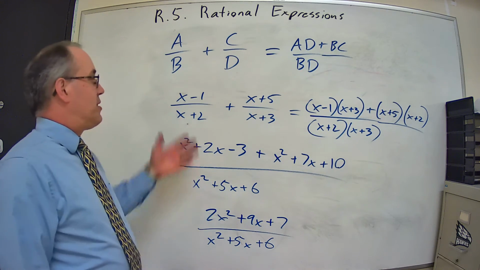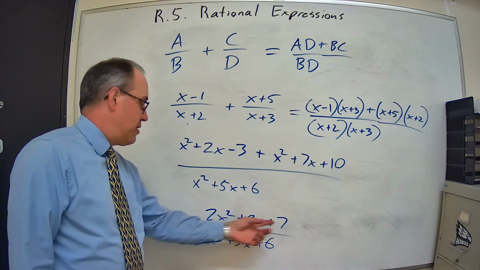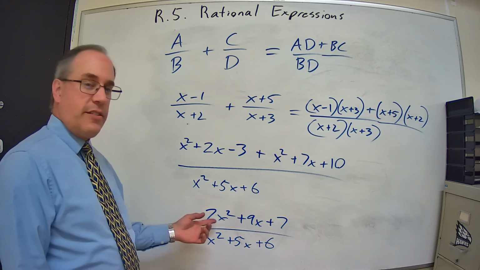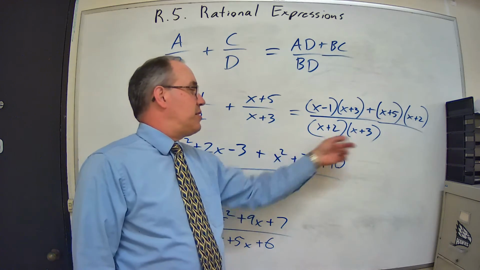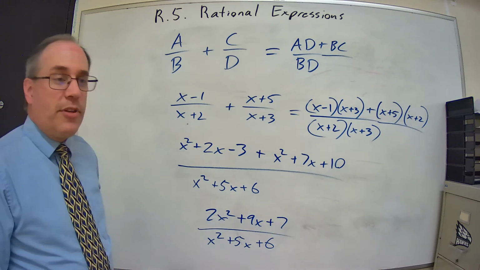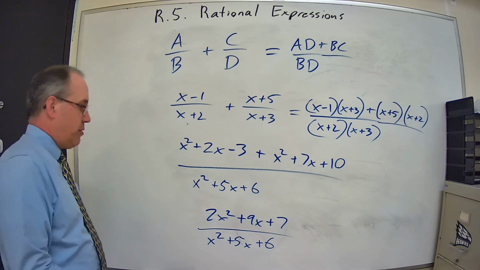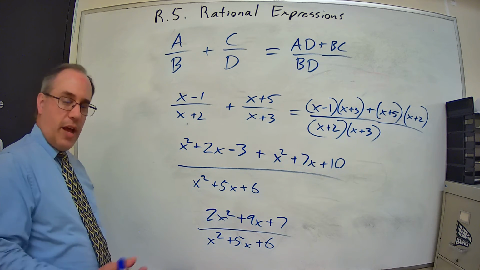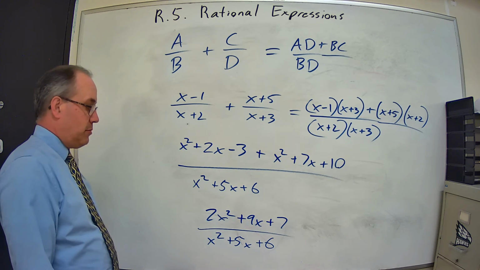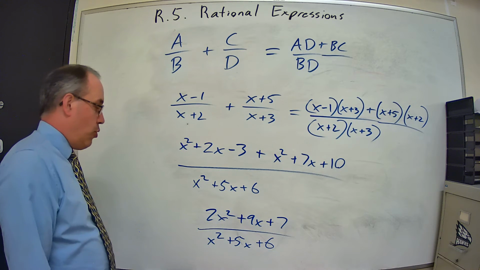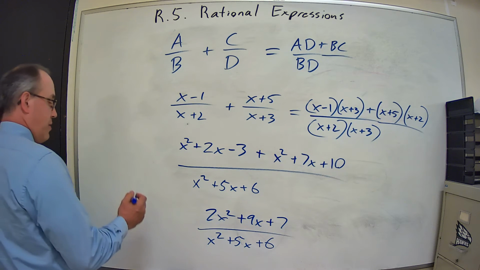Now realize at this point, there actually is the possibility that you might be able to simplify this, or actually I should say factor this, and come up with one of these. It can happen, so just be aware of that. In this case, two numbers that multiply to 14 and add to 9, that would be 2 and 7, right? Let's just verify that it doesn't do that to us.